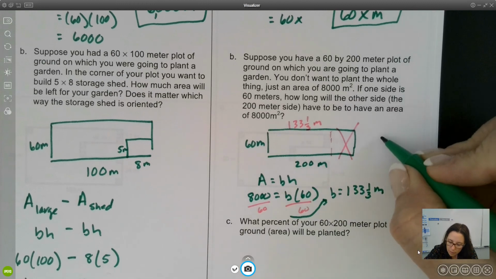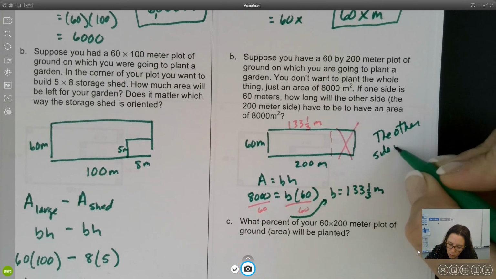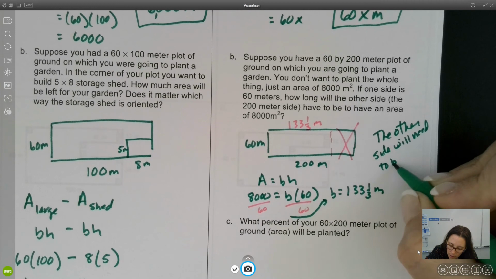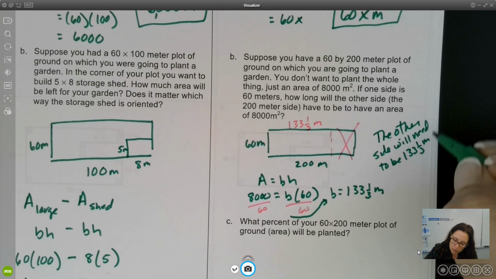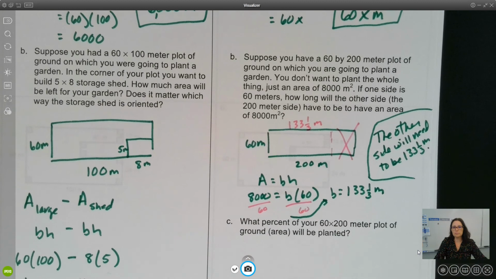So the other side will need to be 133 and a third meters, okay, to have that area of 8,000.